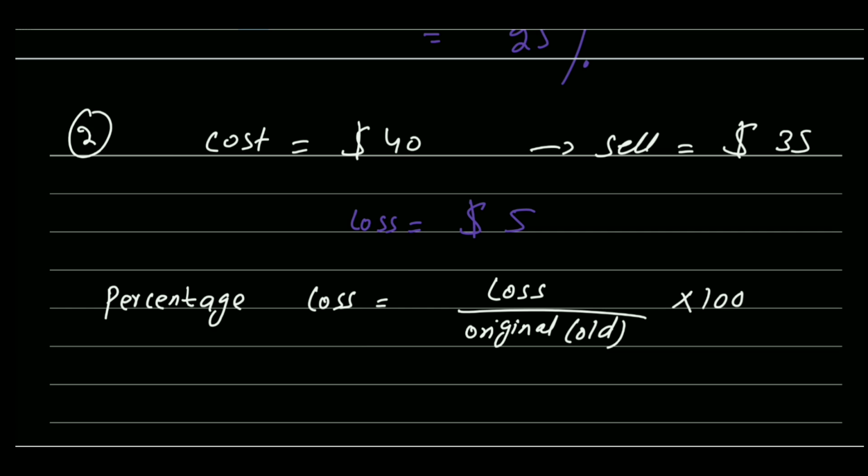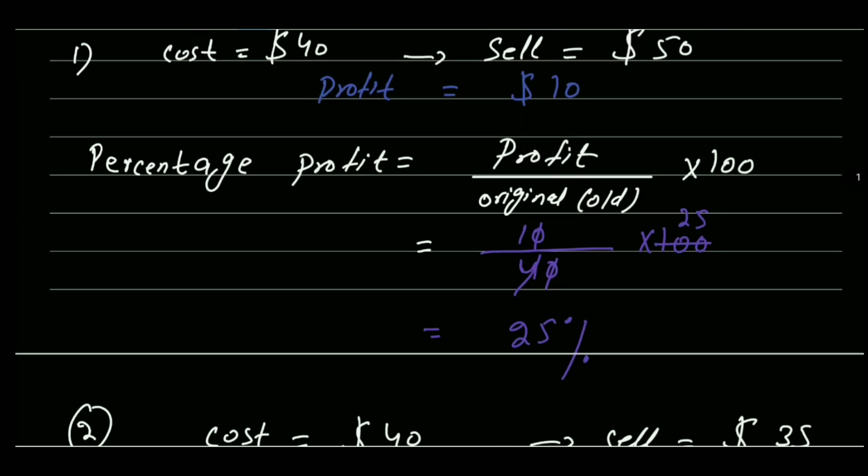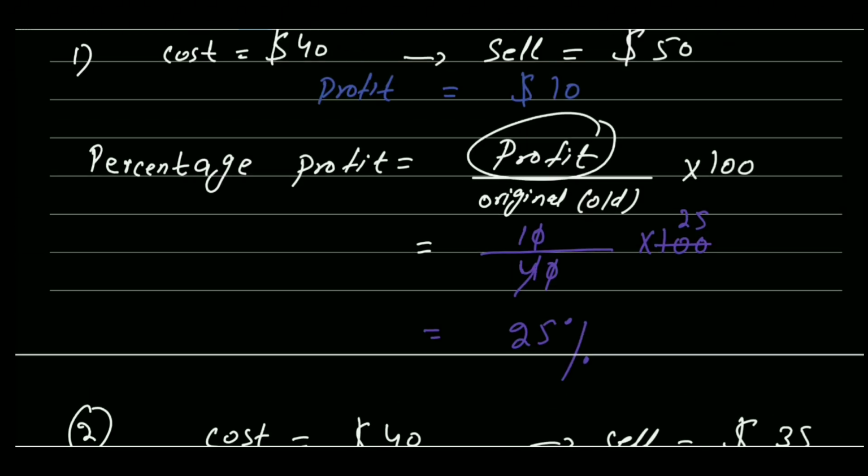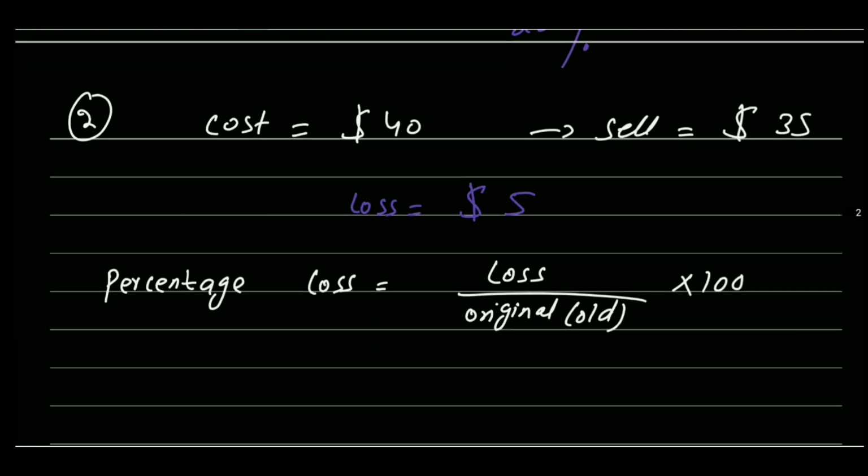You just have to remember one formula: percentage profit is profit over original multiplied by 100, and percentage loss is loss over original price multiplied by 100.